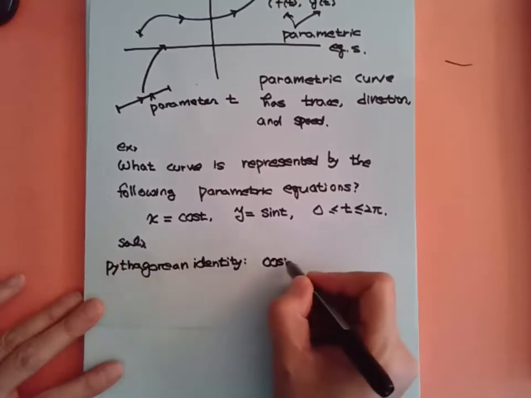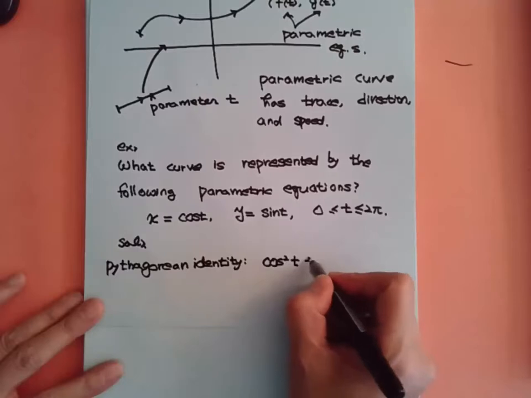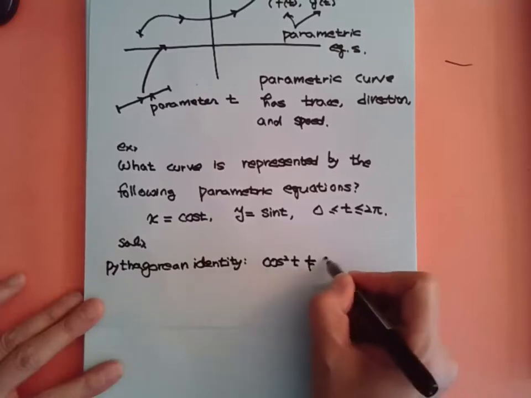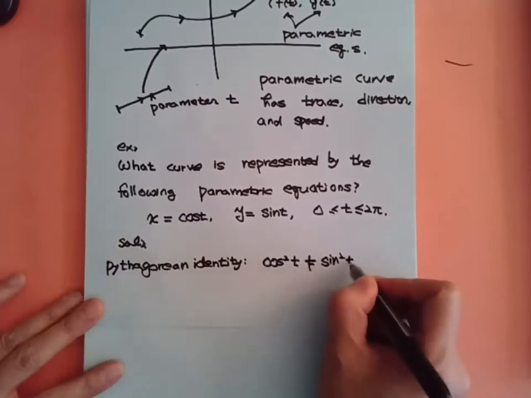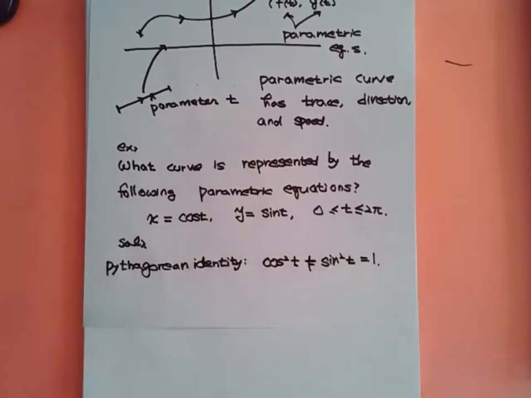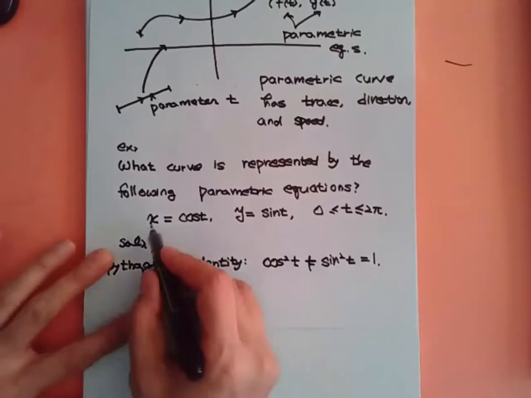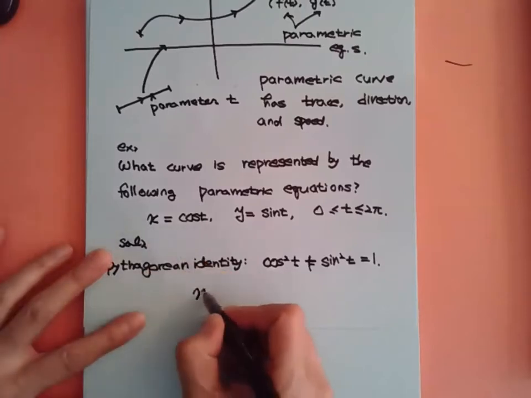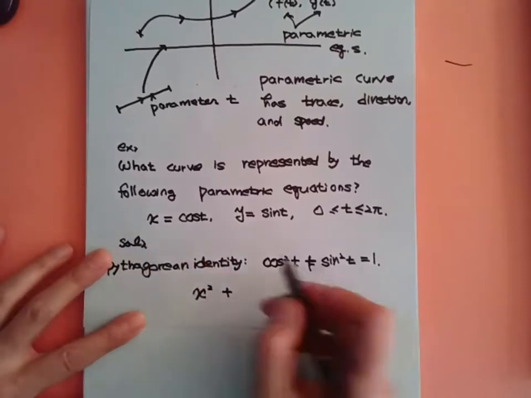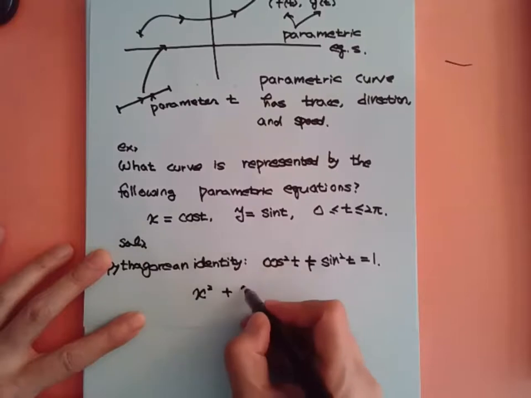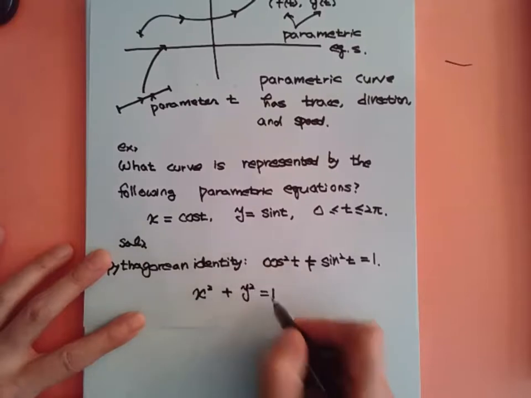The Pythagorean identity was cosine squared of t plus sine squared of t equals 1. So cosine was represented by x, so x squared, plus sine was represented by y, so y squared equals 1.